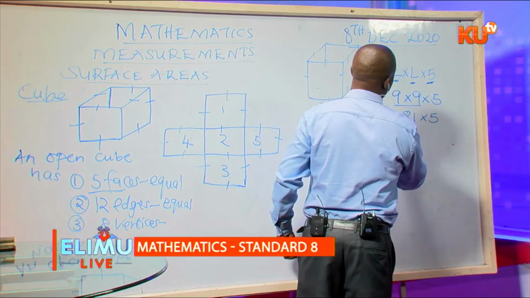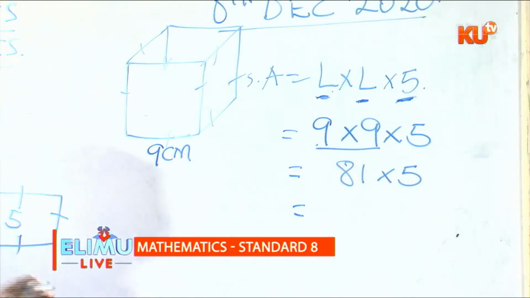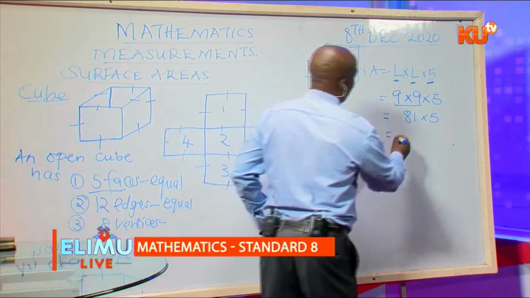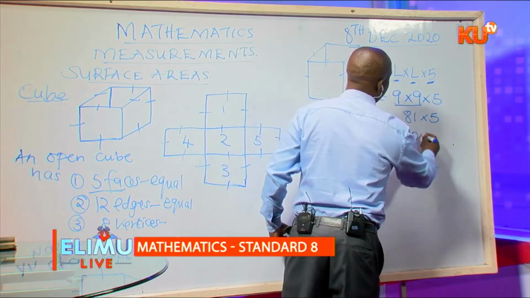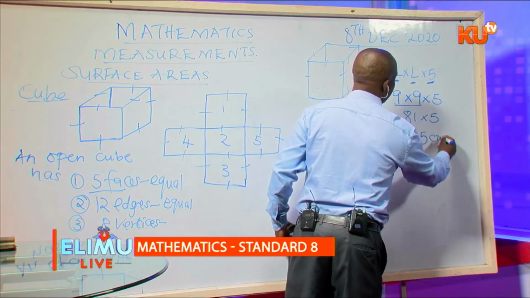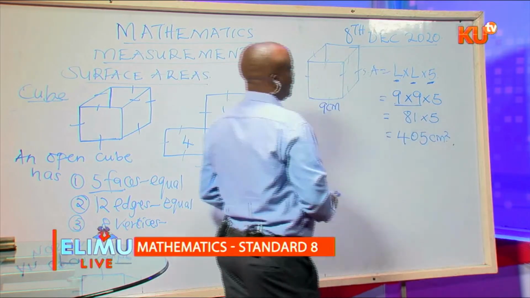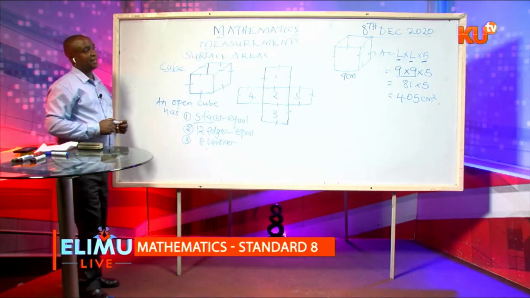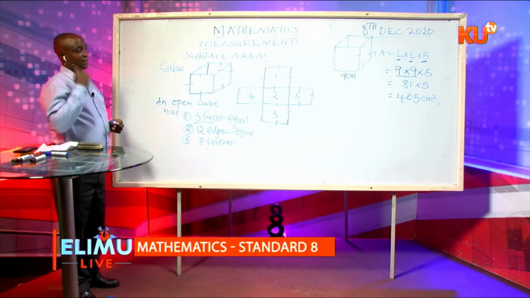Then you multiply by 5 to get the total area of the 5 faces of an open cube. So when we multiply, we are going to get 405 centimeters squared. So that is the total surface area of an open cube of sides 9 centimeters.